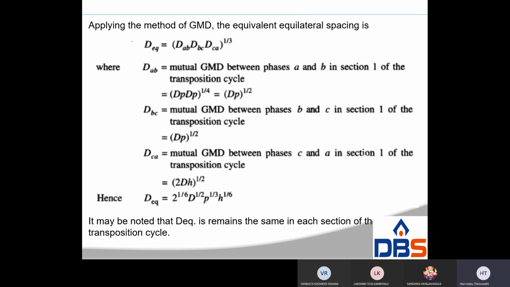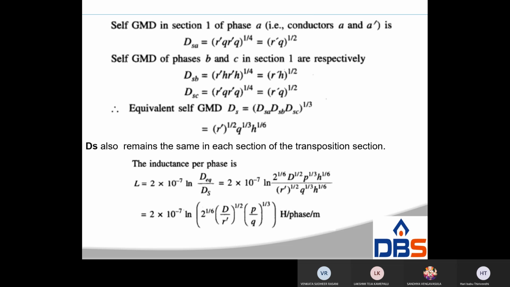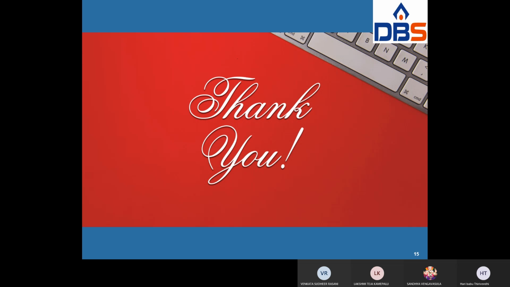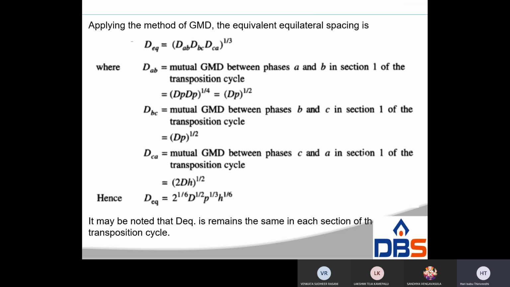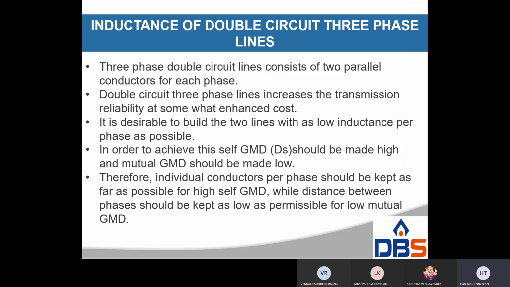All are different, it may be like this. So generally, a double circuit line consists of two parallel conductors.